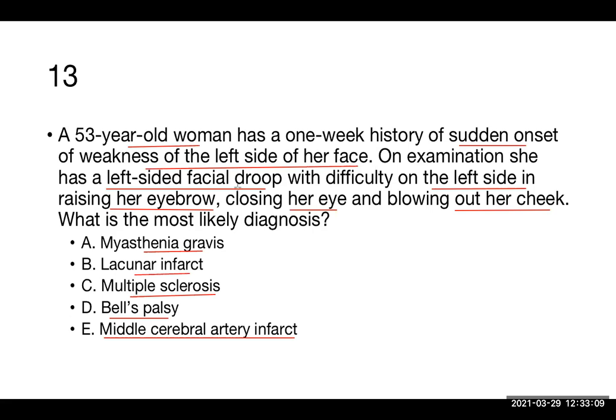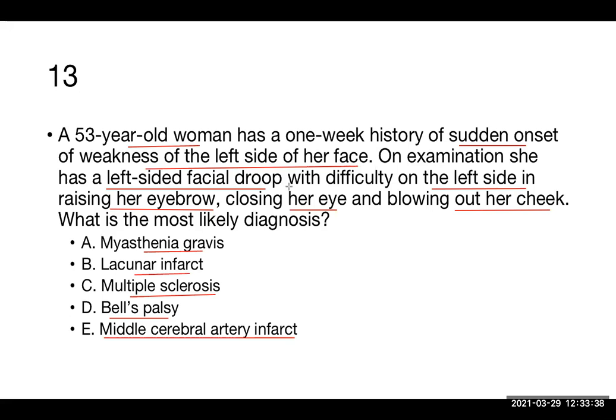On examination, left-sided facial droop means the angle of the mouth is lower on the paralyzed side. The muscles on the normal side are contracting normally, so the angle of the mouth is always higher on that side. This is a very important feature. This will give us some clues for the diagnosis.